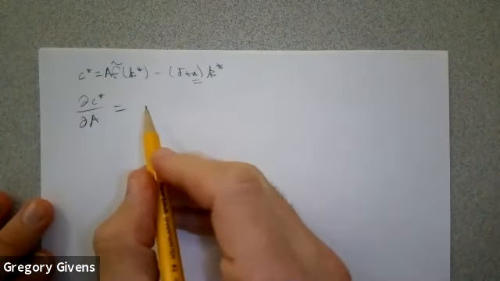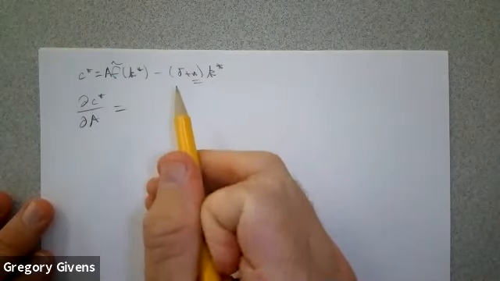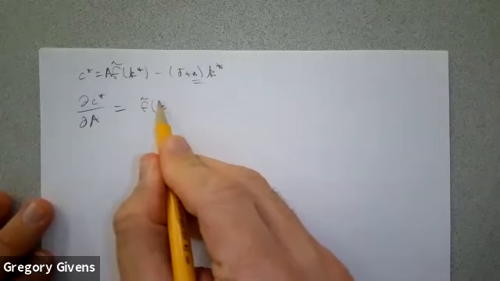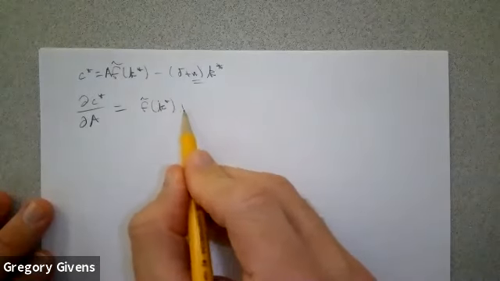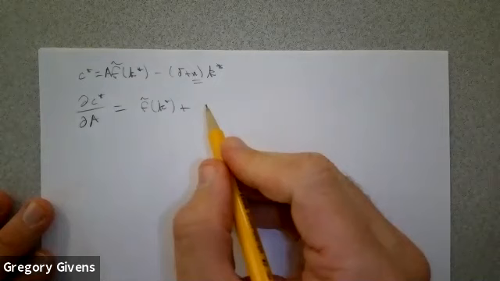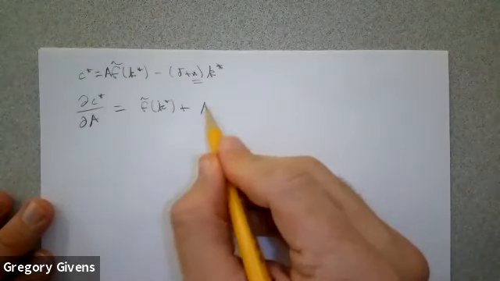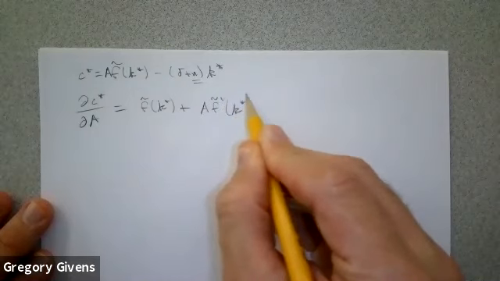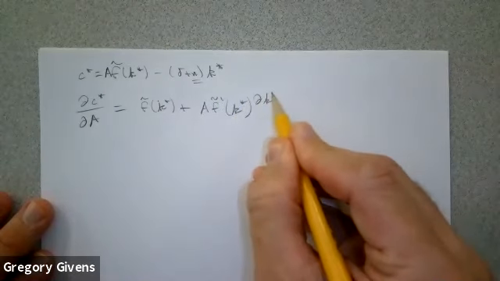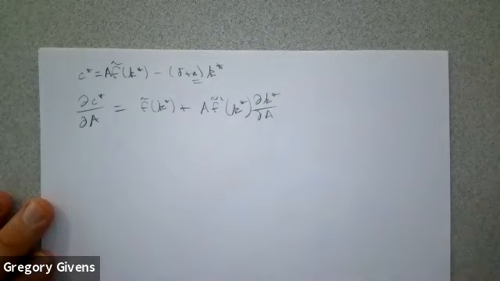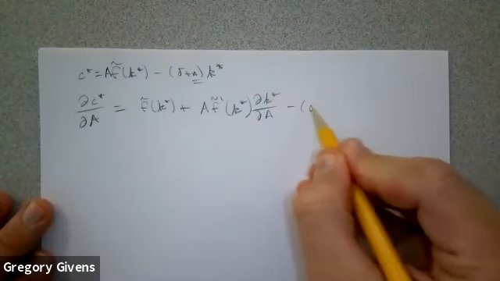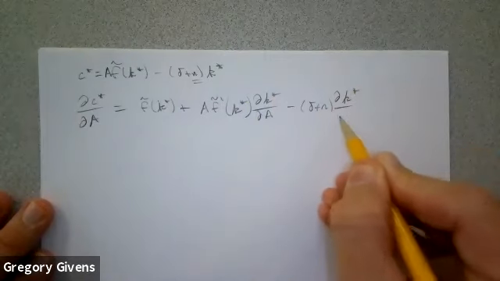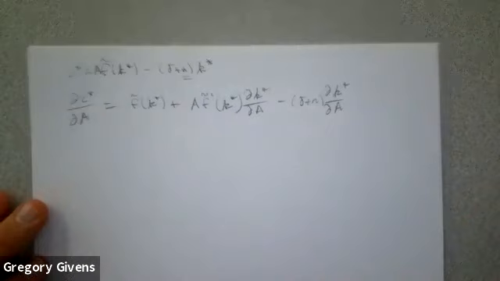Well, that would be F tilde of K star plus A F tilde prime of K star times dK star dA, minus delta plus N times dK star dA.